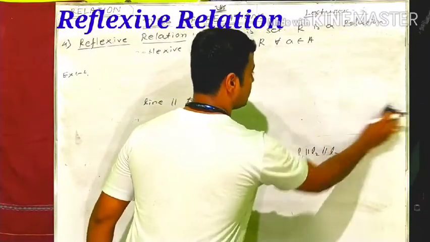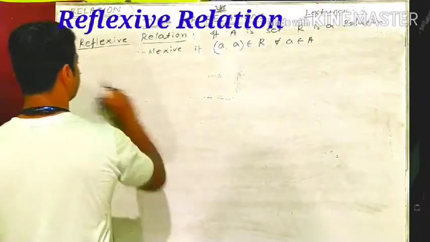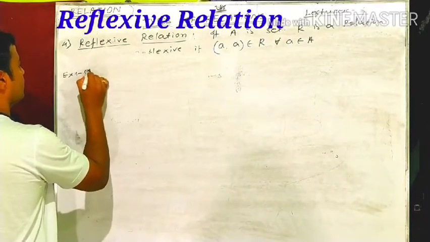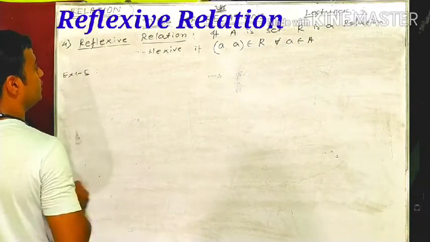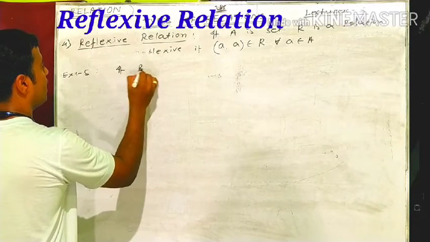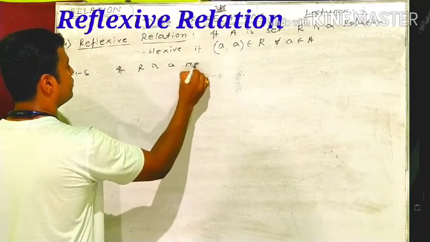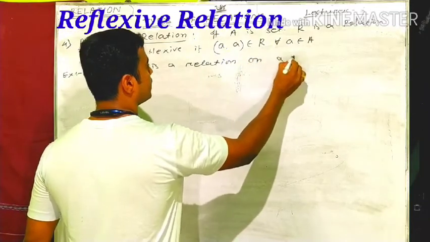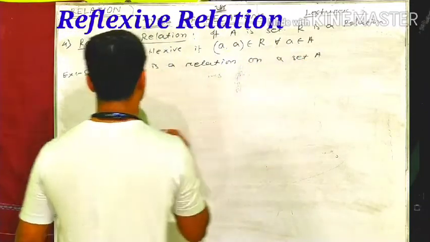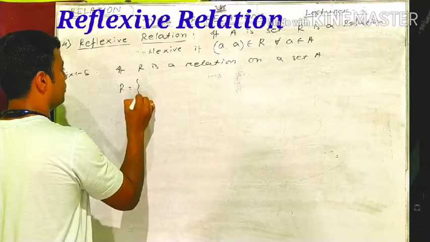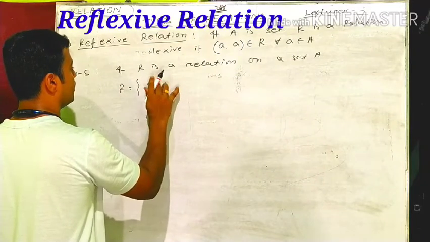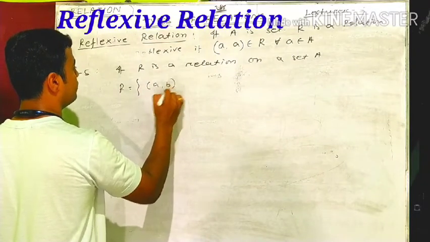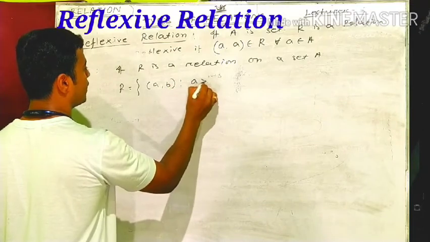Next, I give another example, example 5. If R is a relation on a set A, R equal to {(a, b) such that a is greater than or equal to b}.